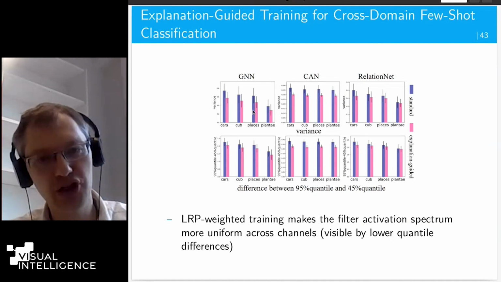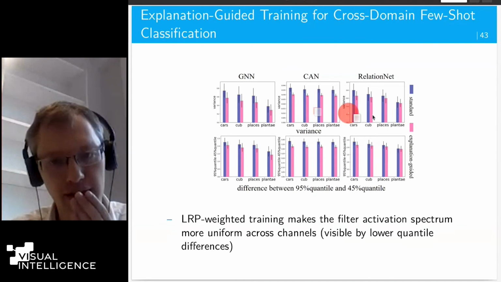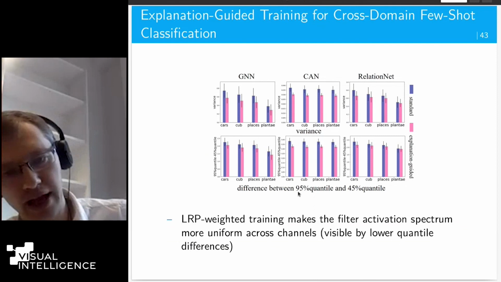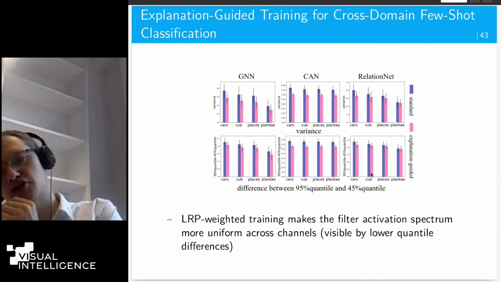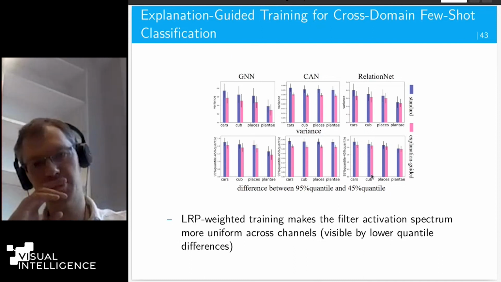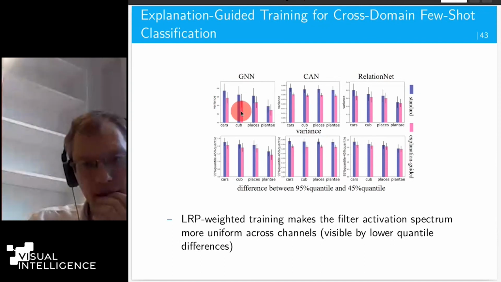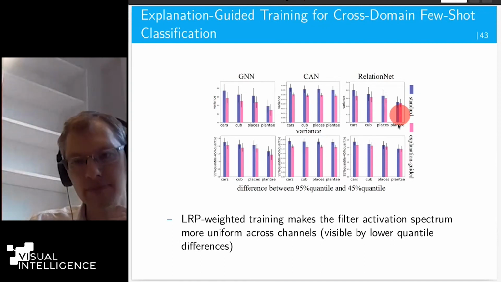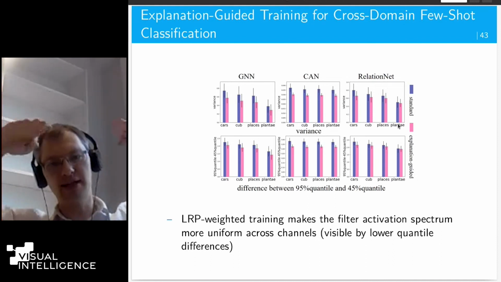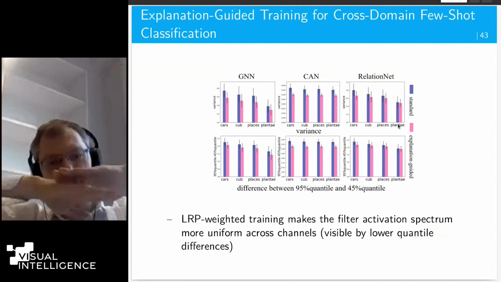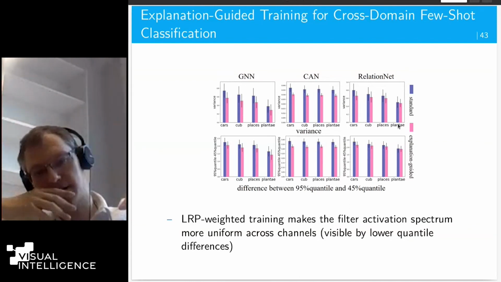So we looked at feature maps over different channels, and we looked at the variance over different channels, and we looked at the difference between the 95% and the 45% quantile, taken across all the channels. So we spatially pool, and then we just look at channel statistics. And then we see LRP-guided training reduces the variance across channels. It means the filter activation spectrum that we learn is more uniform across channels.